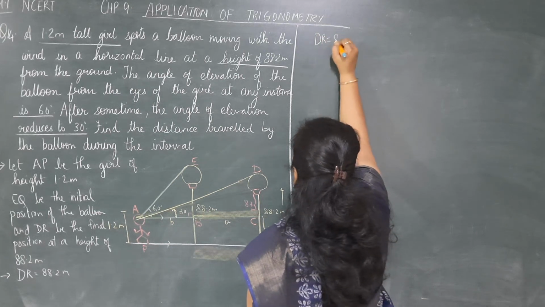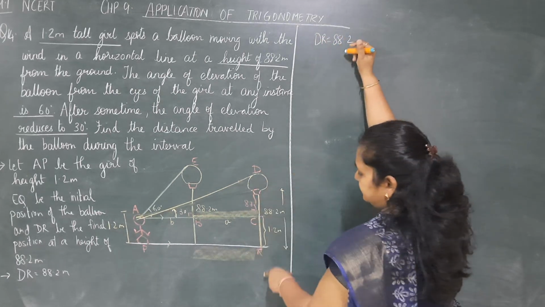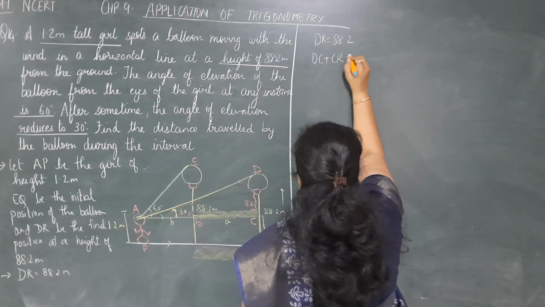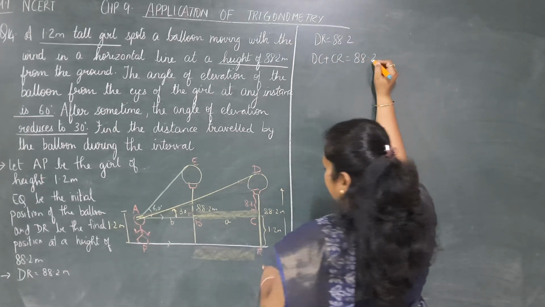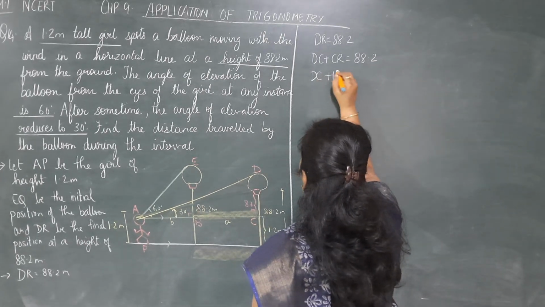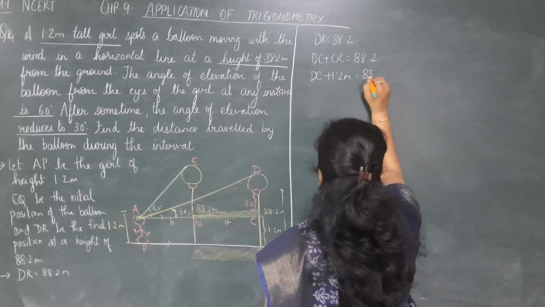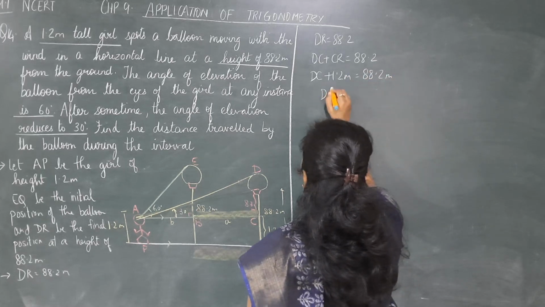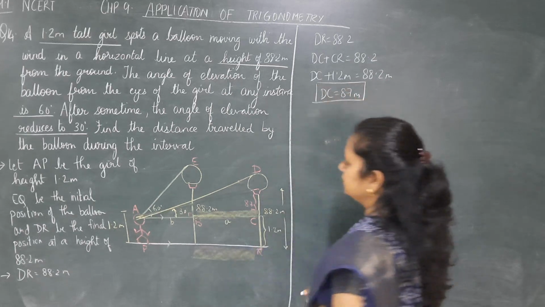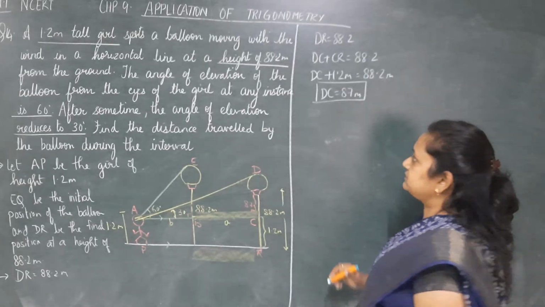DR is 88.2 meters and DR can be written as DC plus CR. 88.2, of which CR is the height of the girl and that is 1.2 meters, and hence we get DC is 87 meters. Right? We know DC is same as EB.